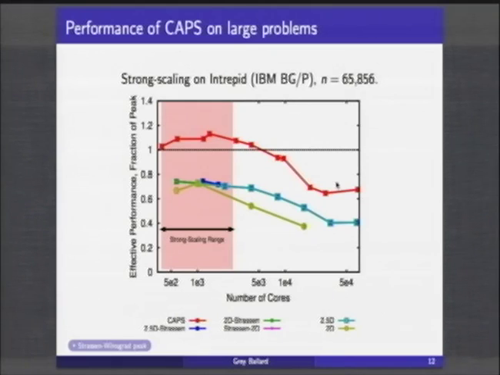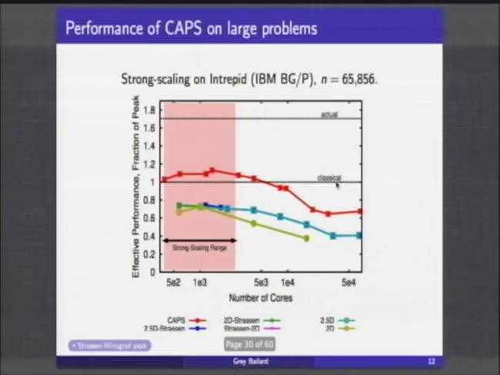But before I show you how the theory compares, I just want to point out that if you care about the actual performance that our code is getting, we can draw another dotted line, which is the best performance we could possibly hope to do given the number of flops that we're actually doing. So we're above the theoretical peak of the machine relative to the classical flops. Relative to the actual flops, there's a lot of performance improvement left on the table. So even though we're beating classical algorithms, there's hope for further improvement.